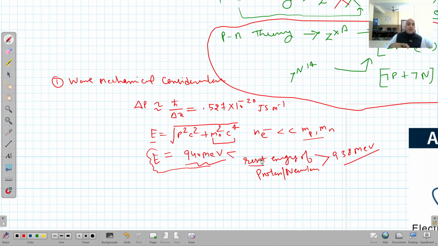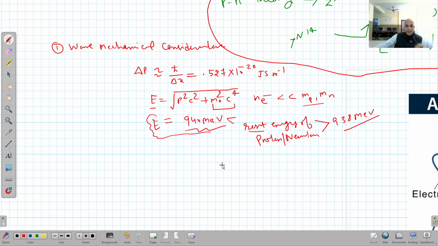It means when the neutron or proton are present inside the nucleus, they will obviously have some kinetic energy, right? So their total energy will be greater than this rest energy 938. So it is justifiable, it is acceptable, there is nothing wrong in it as per the laws of physics, right? It means proton or neutron can exist inside the nucleus, there is no violation of the energy, right?